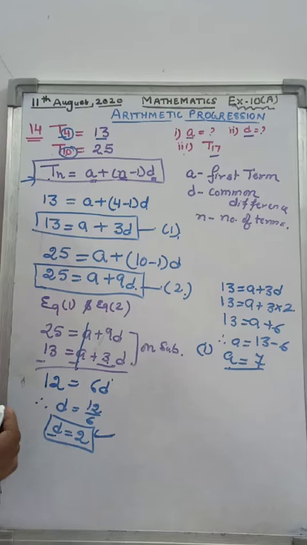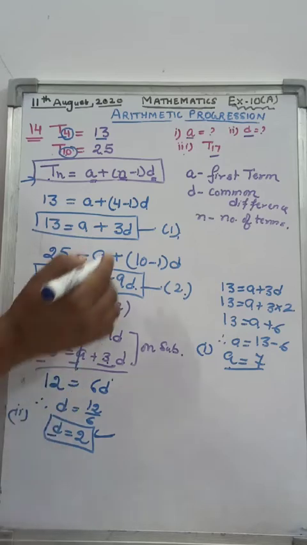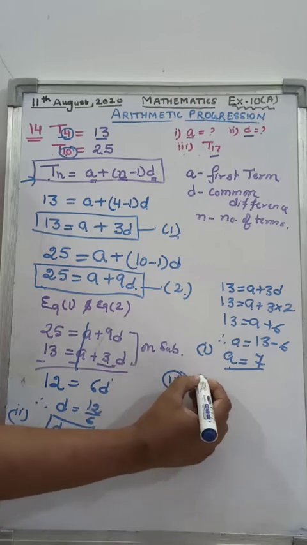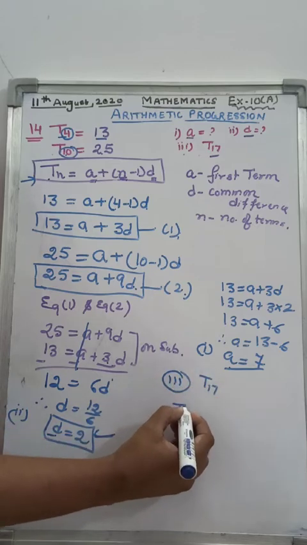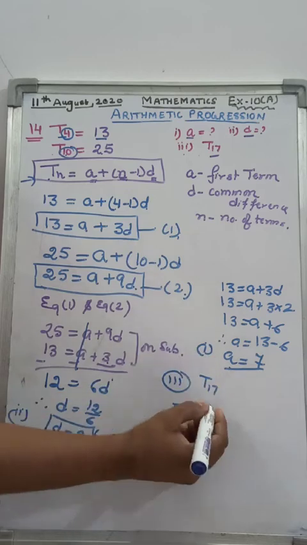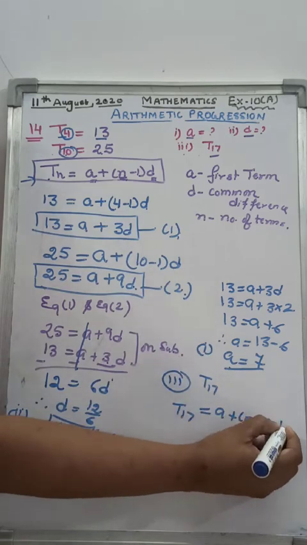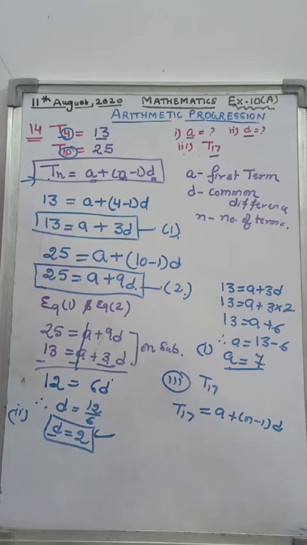Now in the third part we have to find the 17th term. So how will you find the 17th term? Formula: Tn is A plus (n minus 1) multiplied by D. Now we'll substitute the values.